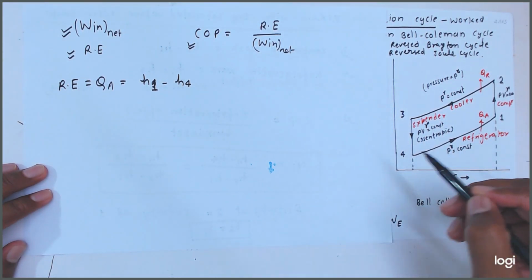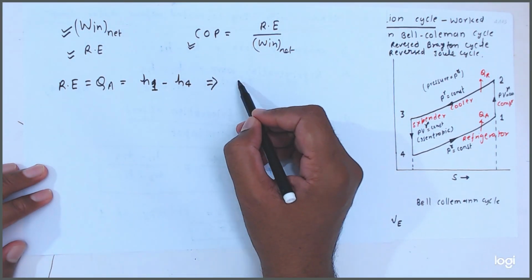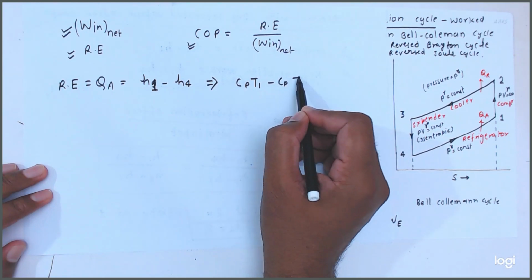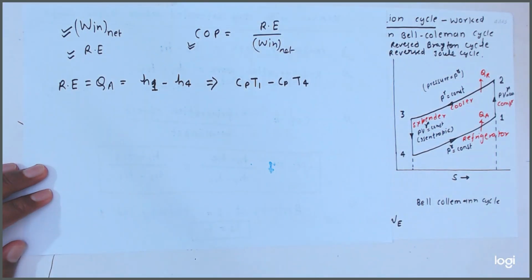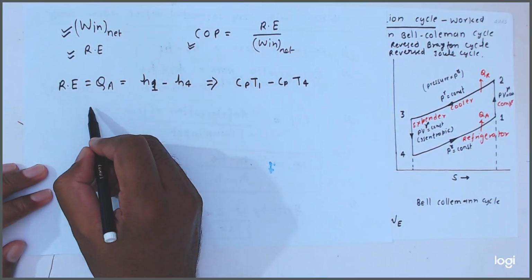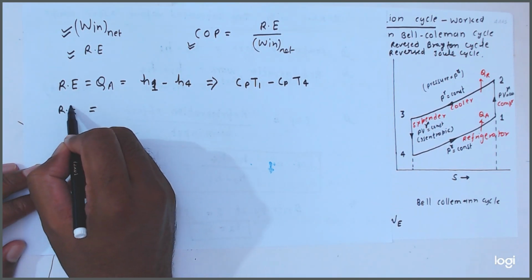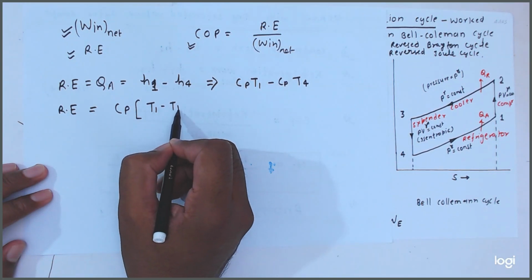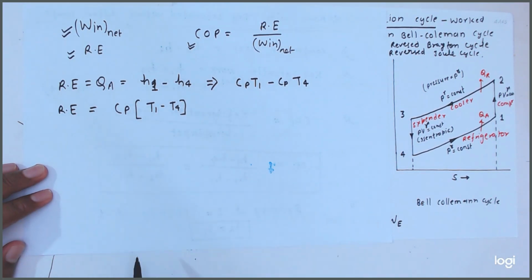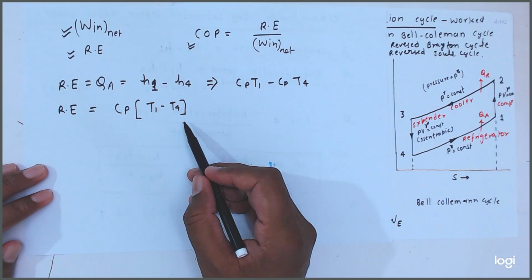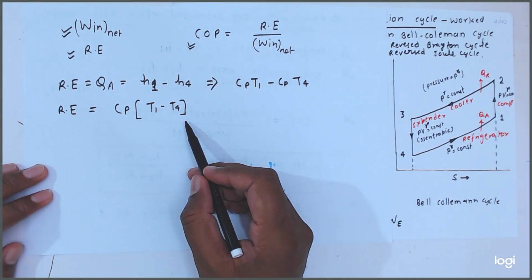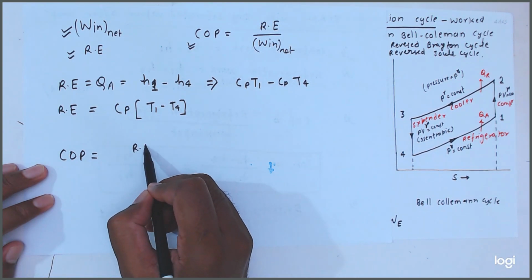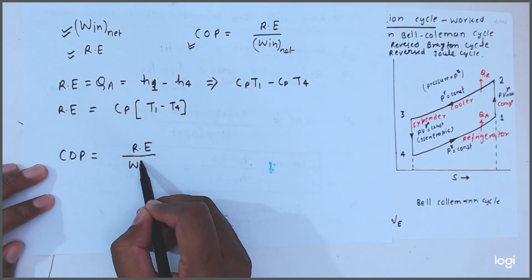Okay, so similarly here we will put Cp T1 minus Cp T4, and from here the refrigeration effect is equal to Cp (T1 - T4). Okay, this is the refrigeration effect. Now COP equals refrigeration effect upon work input.